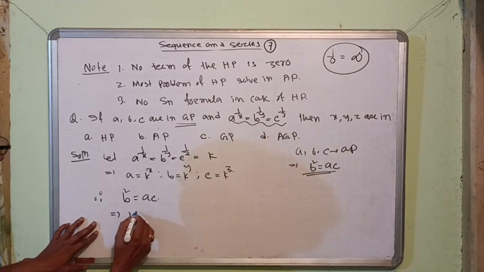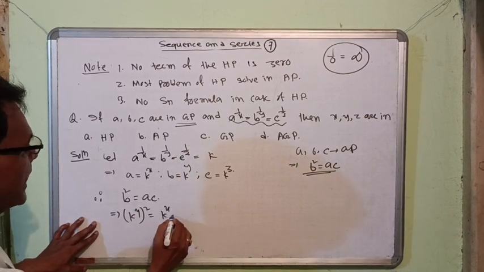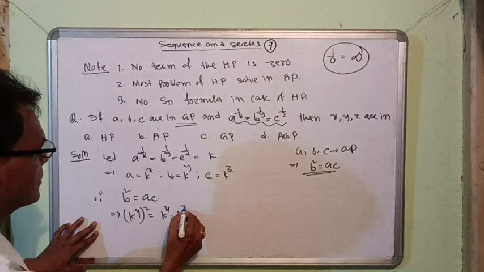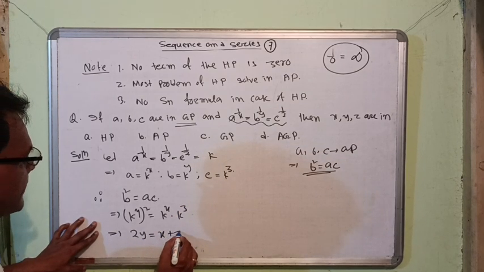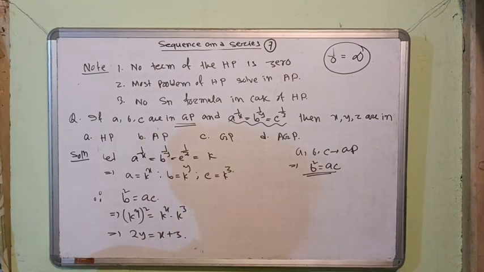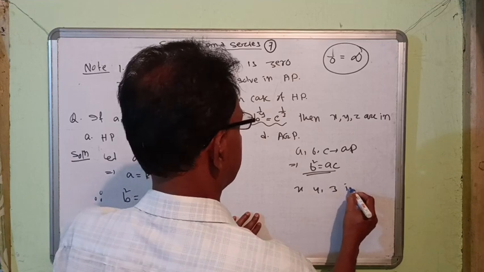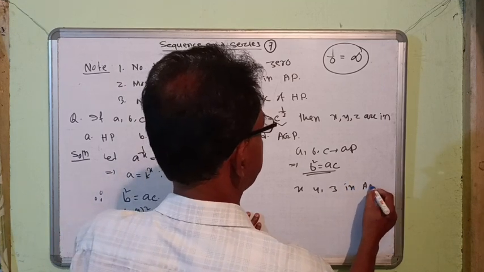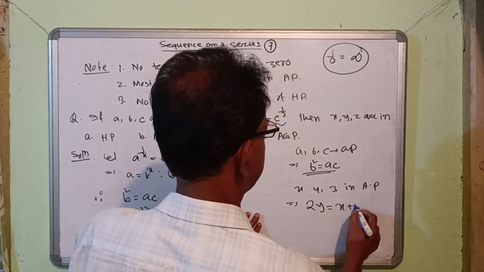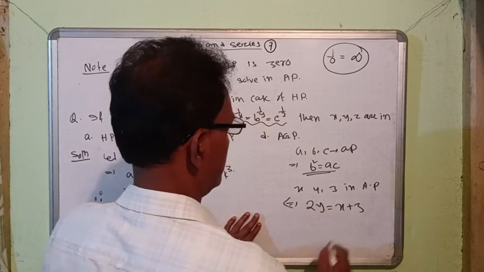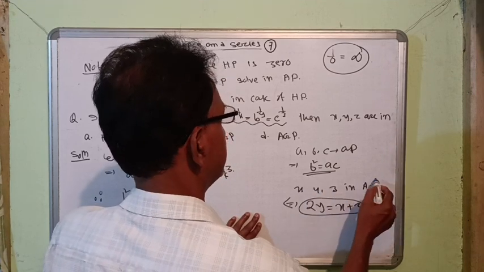K to the power Y whole square is equal to K to the power X into K to the power Z. Then we get twice Y is equal to X plus Z. That is X, Y, Z in AP. Therefore X, Y, Z in AP.